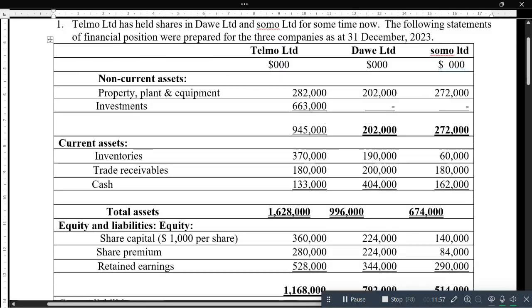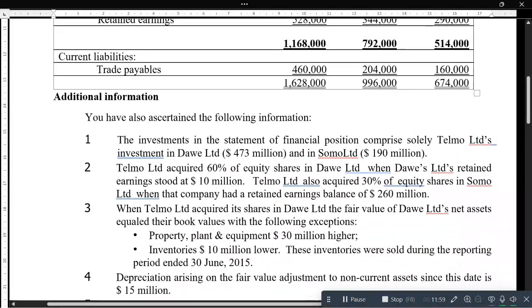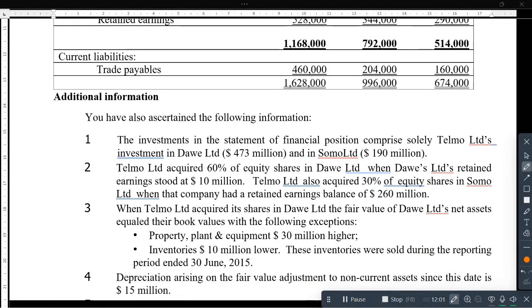So we have already seen under note 1, or is it note 2, that Teremo Limited acquired 60% of equity shares in Dawe Limited, meaning parent Teremo is acquiring 60% in Dawe, and is acquiring 30% in Somo Limited. Let's try to do that and put it under our group structure.